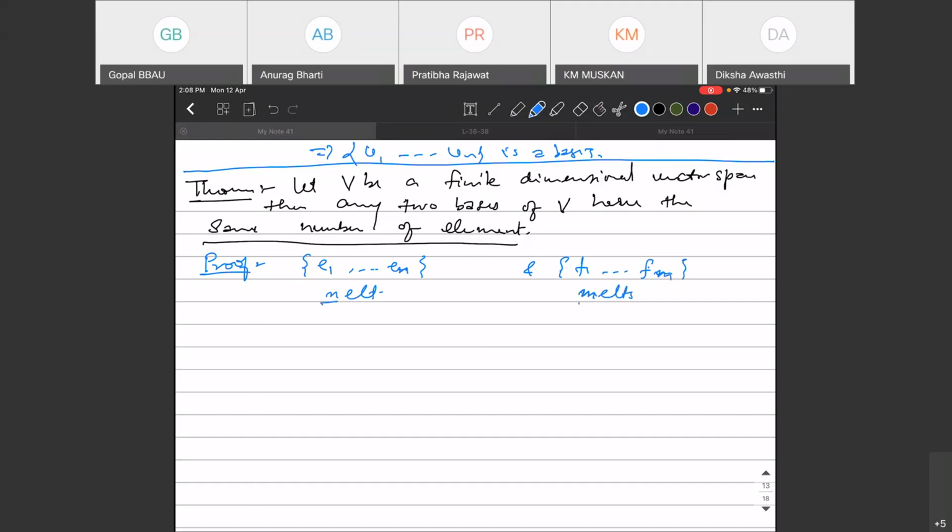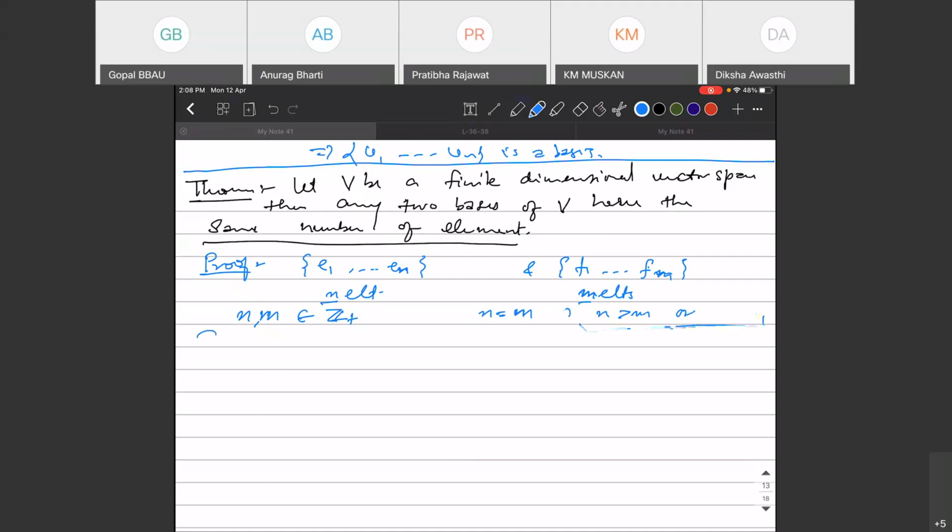So n and m both are positive integers. Okay. So then by trichotomy law, three things happen: n equal to m, or m greater than n, or n greater than m. If n equal to m, then we are done. If these two happen, then we proceed.